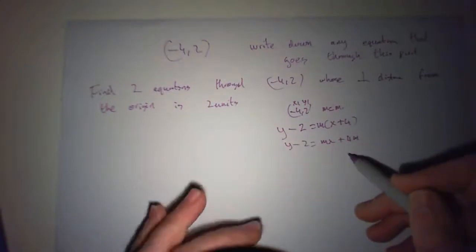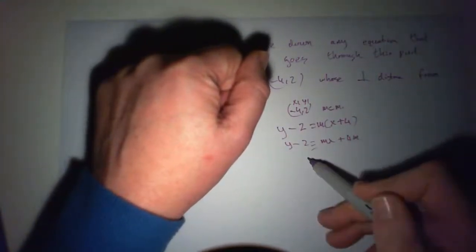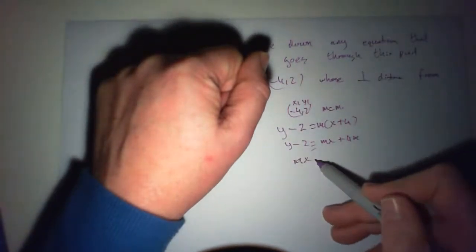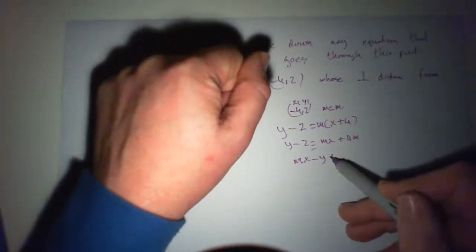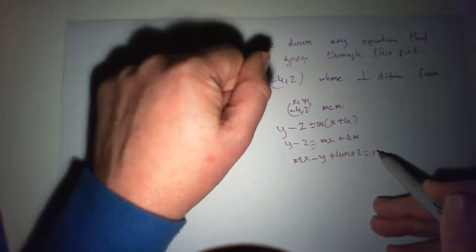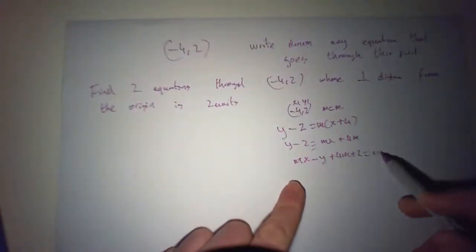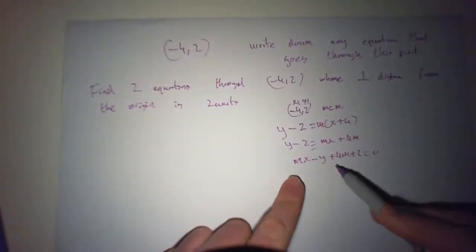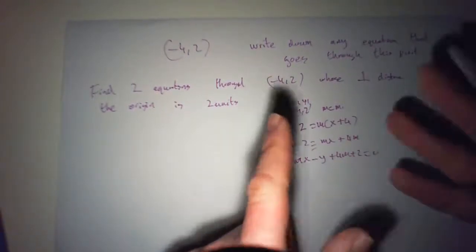So let's get them all together. What do we got here? We've got mx minus y plus 4m plus 2 equals 0. So that's our formula of any line that goes through it. As long as you know the slope, you just put the m in there and suddenly you've got your formula.